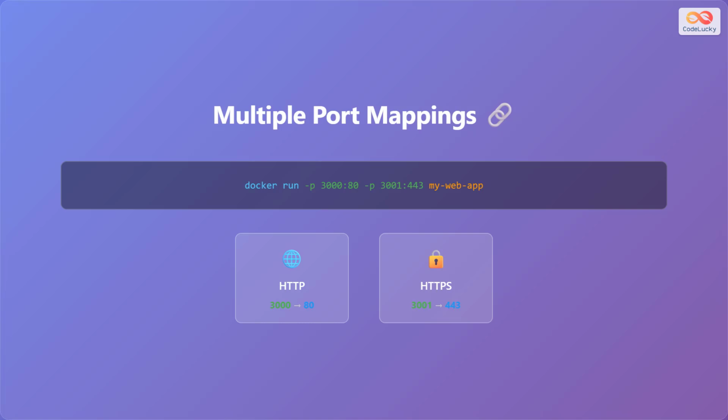Docker run is used to run the container. -p 3000:80 maps port 3000 on the host machine to port 80 inside the container, typically used for Hypertext Transfer Protocol, or HTTP. -p 3001:443 maps port 3001 on the host to port 443 on the container, typically used for Hypertext Transfer Protocol Secure, or HTTPS. My web app is the name of the Docker image.